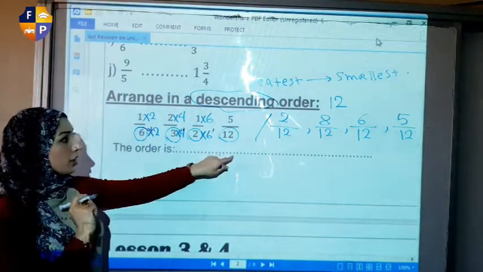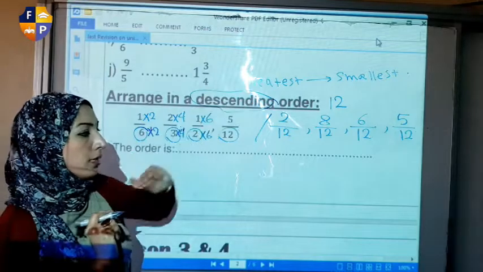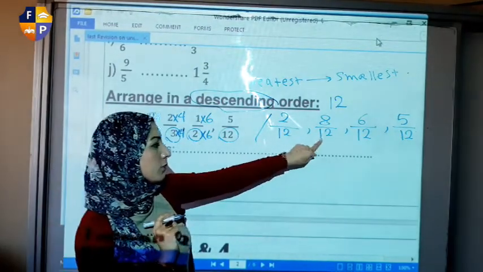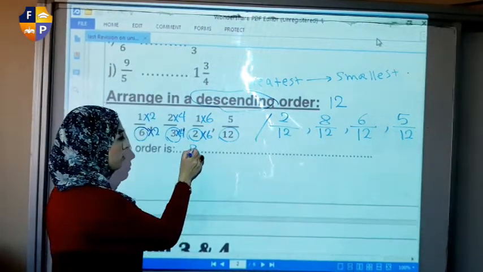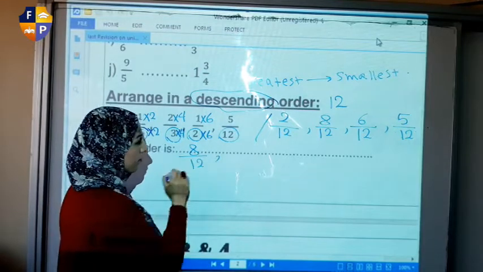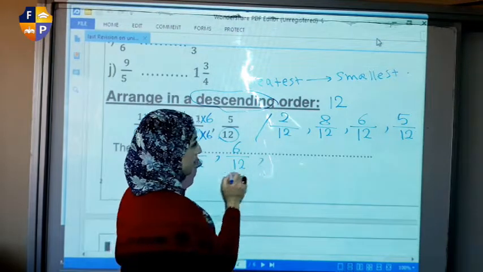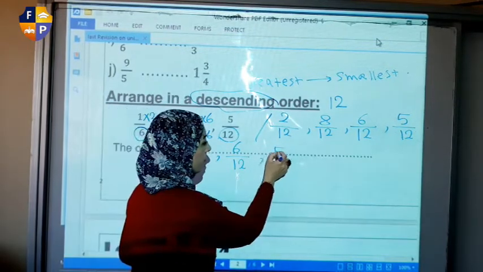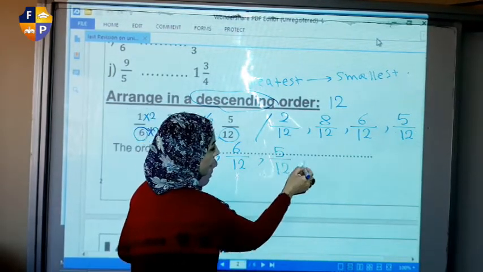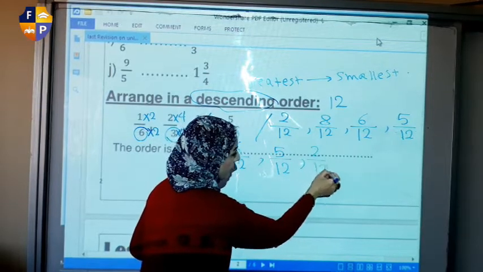Here we need to arrange the fractions from the greatest to the smallest. Here the greatest fraction is 8 over 12. Next 6 over 12. Next 5 over 12. And the last one 2 over 12.